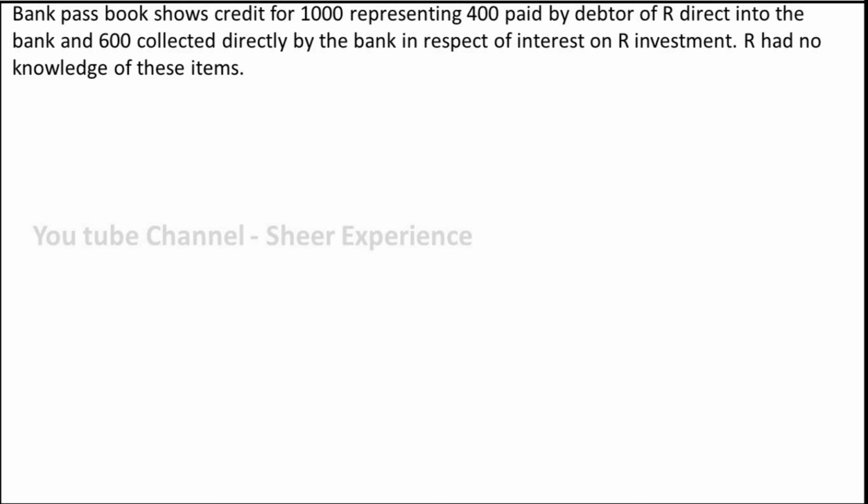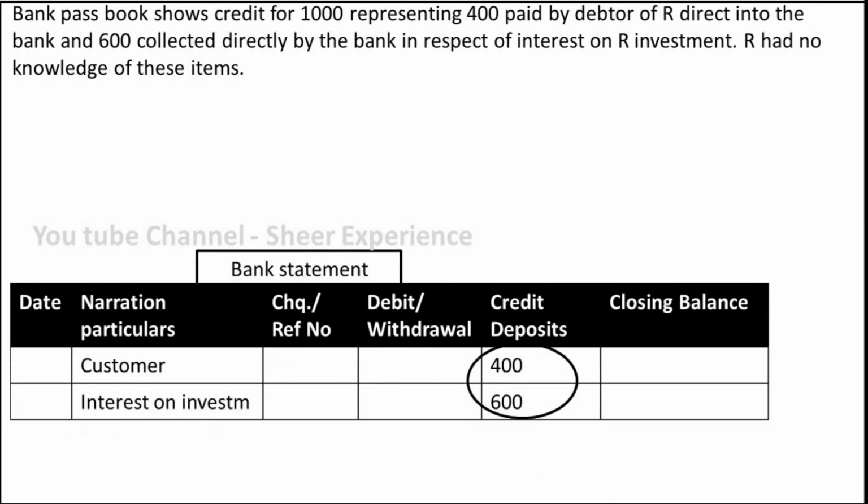Bank showed a credit of 1000, which means the bank has deposited some amount in our bank account. The transaction says 400 paid by debtor of R. Debtor means R's customer, which means the customer has directly deposited 400 in our bank account. And also the transaction says 600 collected by the bank for interest on investments.